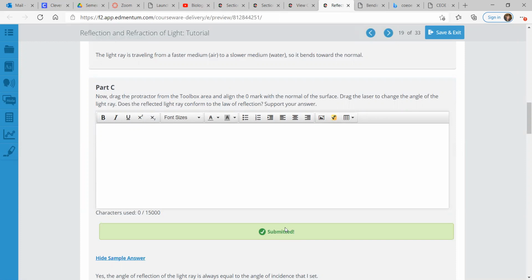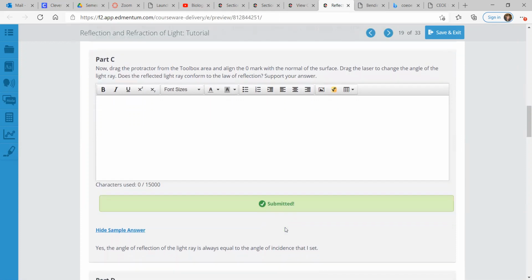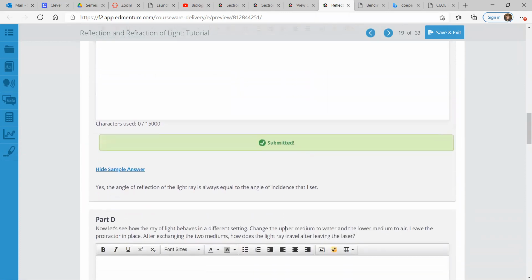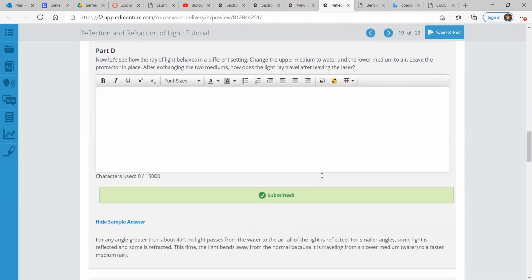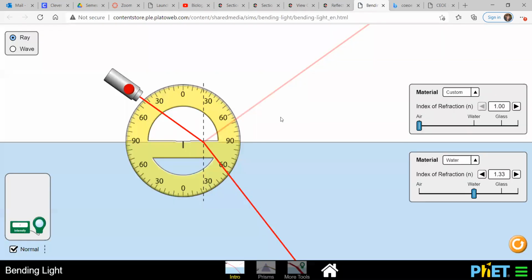The angle of reflection of the light ray is always equal to the angle of incidence that I set. It asks you to change the upper medium to water and the lower medium to air and see what happens. Okay.